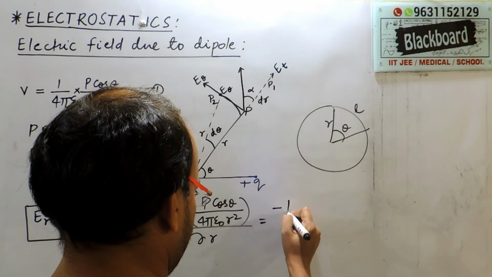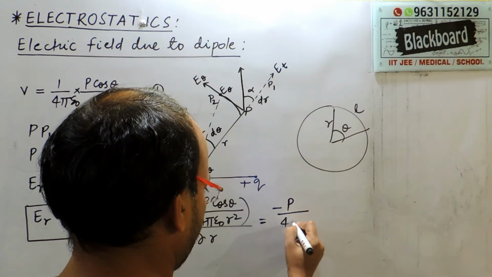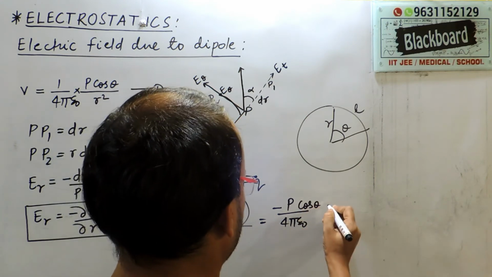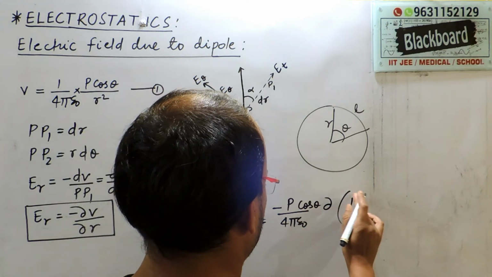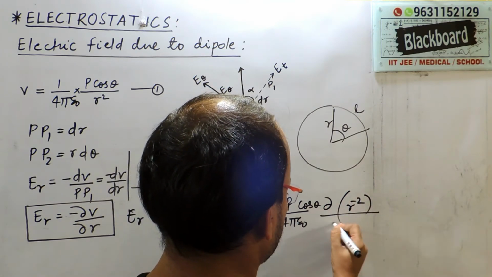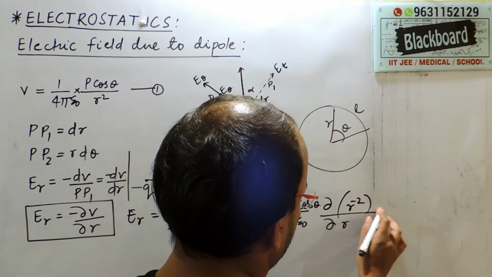So you can write P cos theta by 4 pi epsilon naught, and del of r to the power minus 2 by del r.